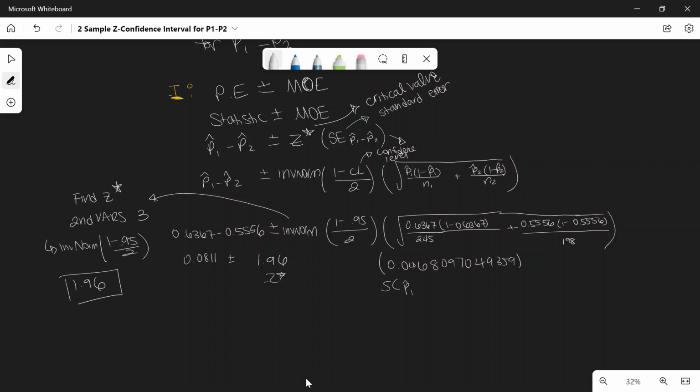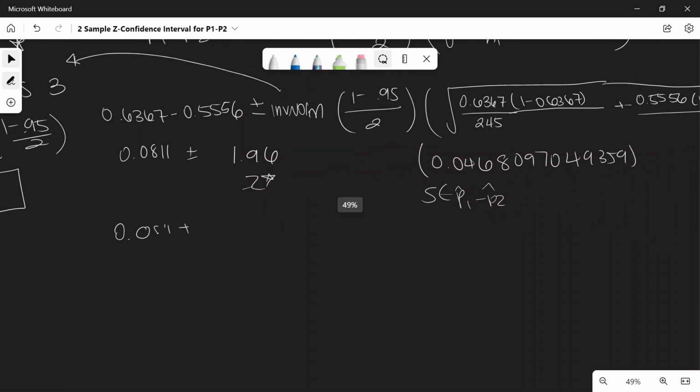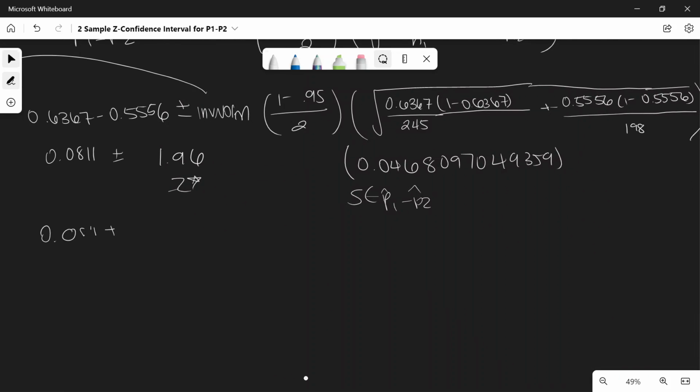I multiplied those numbers together and I got 0.0811 plus or minus, again, this big number, 0.0916744. Then you take this number, which is your point estimate, and you subtract it.